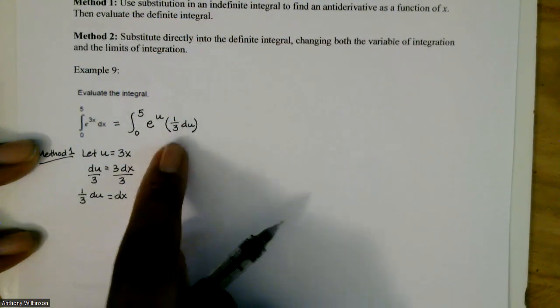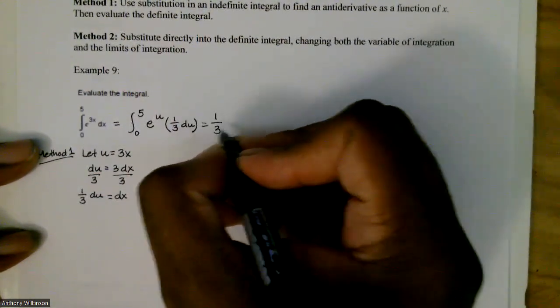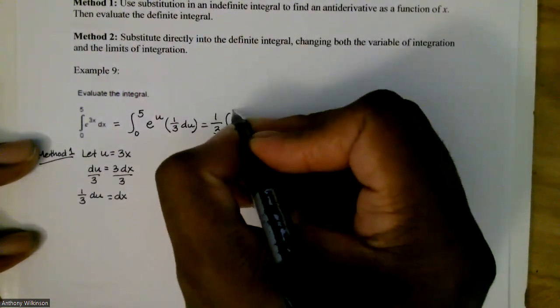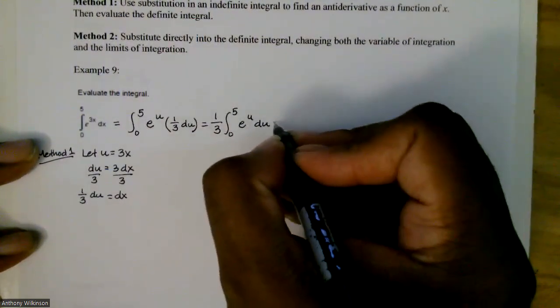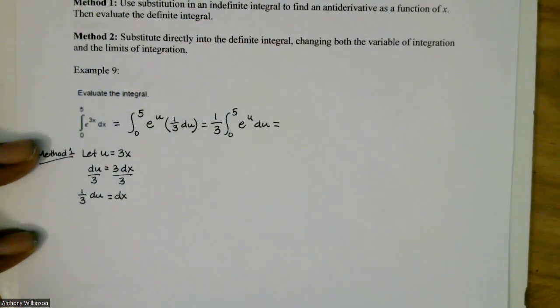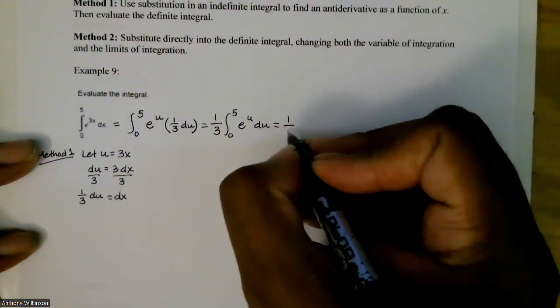Now that 1/3 is a constant, I can pull it to the outside. So it'll be 1/3 times the integral from 0 to 5 of e to the u du. The integral of e to the u du would just be e to the u. That's the simplest integral to take.